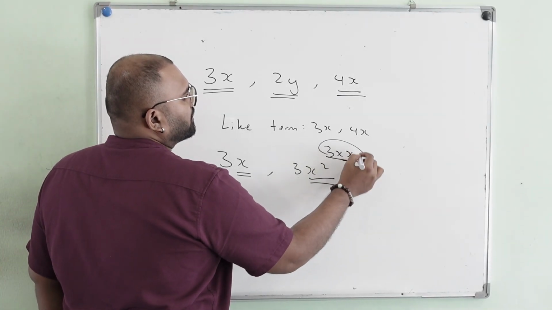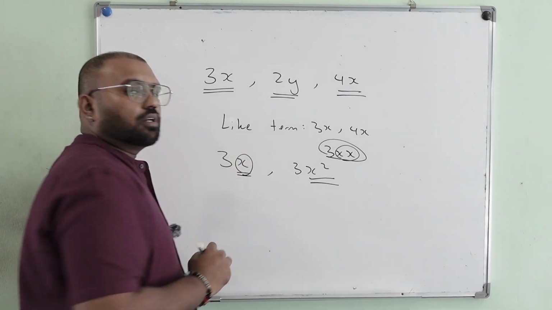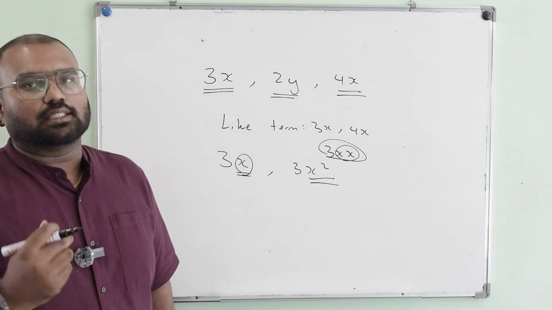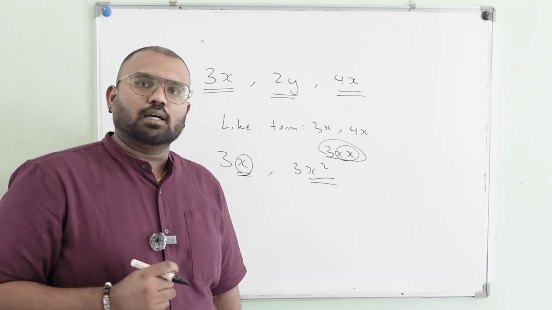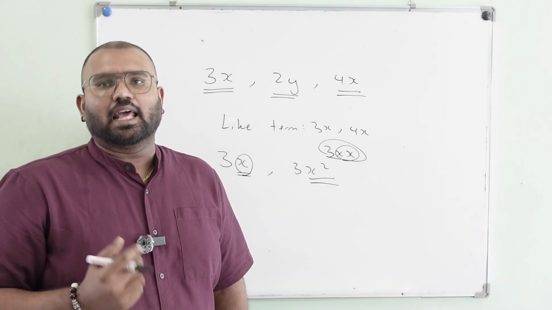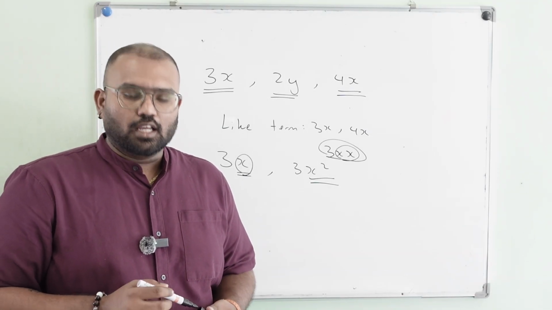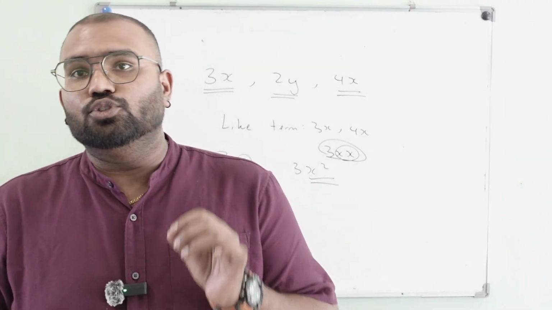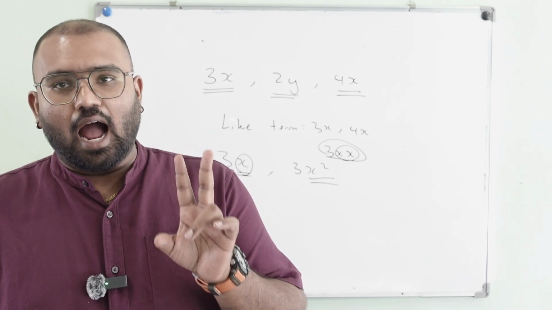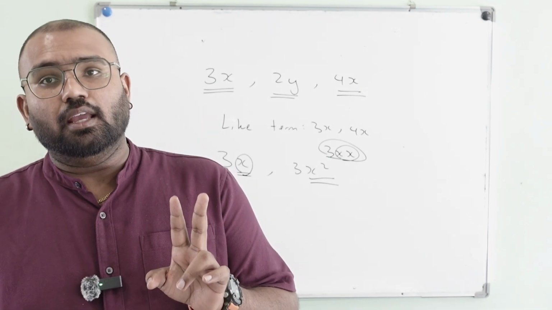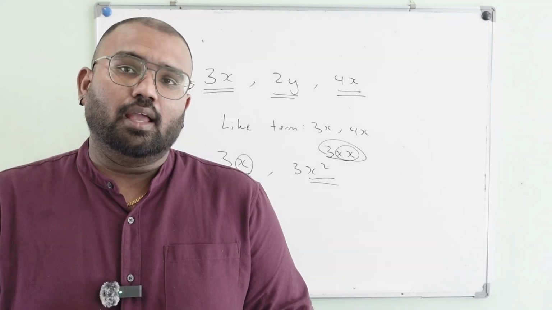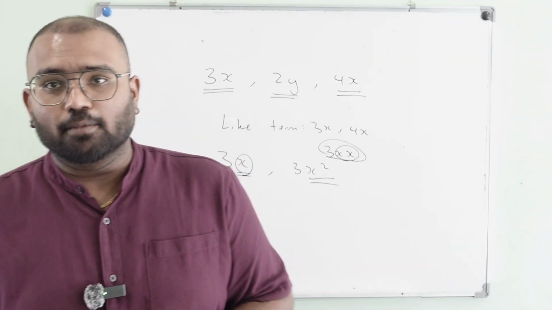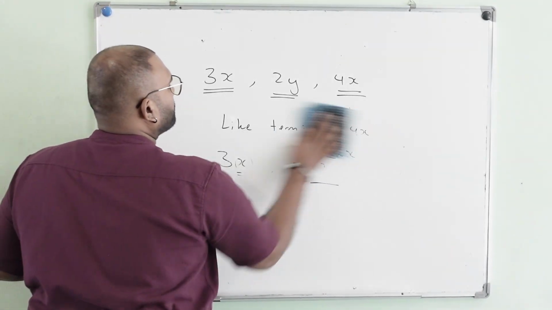So you see here, this unknown and this unknown are not the same. So since they are not the same, we cannot call them like terms. Clear? Most students get confused with this one thing only. When you meet two of the same unknown but one has square and one has no square, it's not the same. Clear?